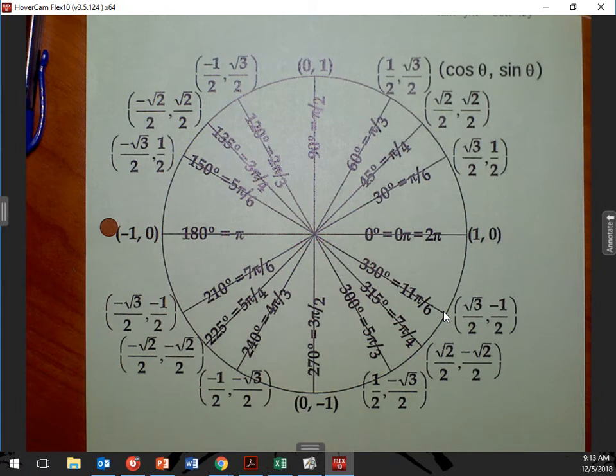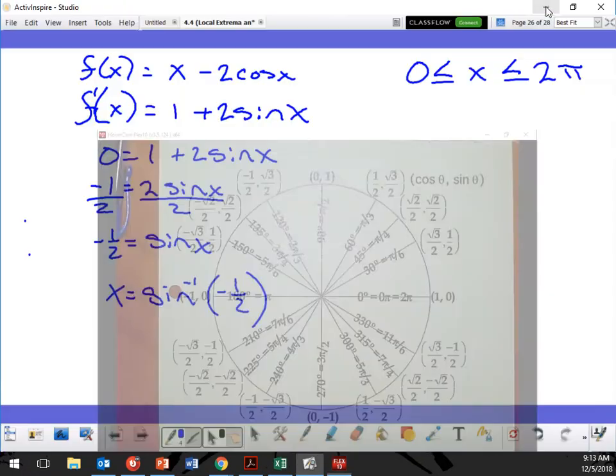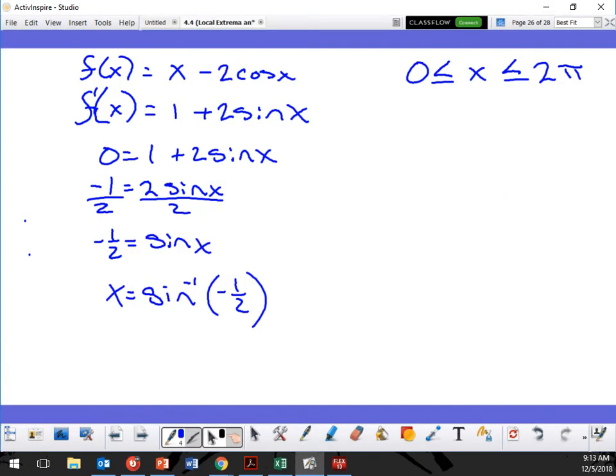Okay, so let's go ahead and go back to my work. 7 pi over 6, there we go. So we have x equals 7 pi over 6 and 11 pi over 6. Now with those, I said we need to plug them into the second derivative.